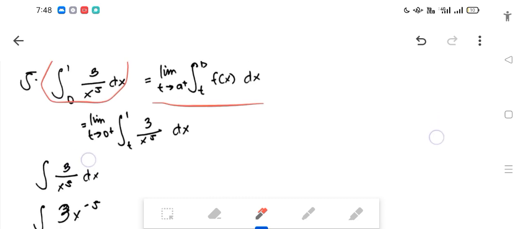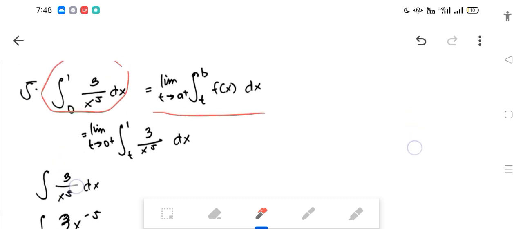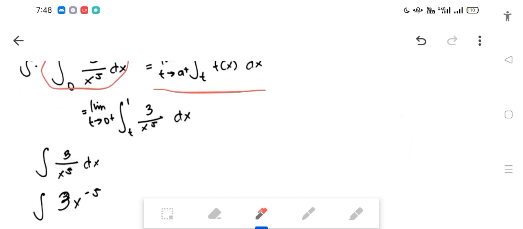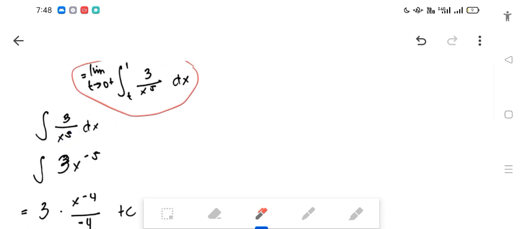So this example is an improper integral, which takes on this form. So now we have here the limit of the integral of 3 over x raised to 5 dx from t to 1 as t approaches 0 from the right.